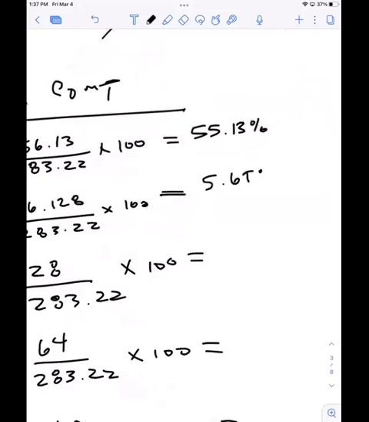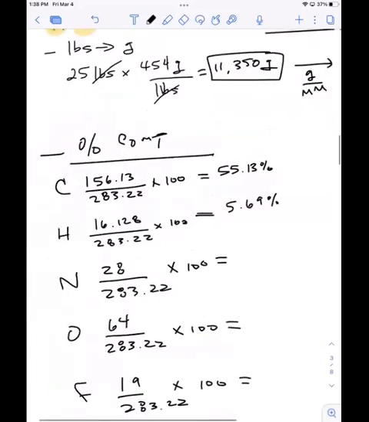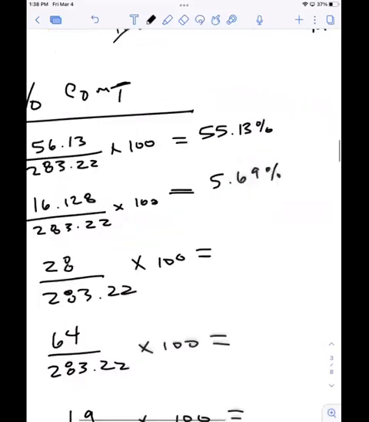All right, good. What about nitrogen? It should be close to 10%. 9.89%. Good.